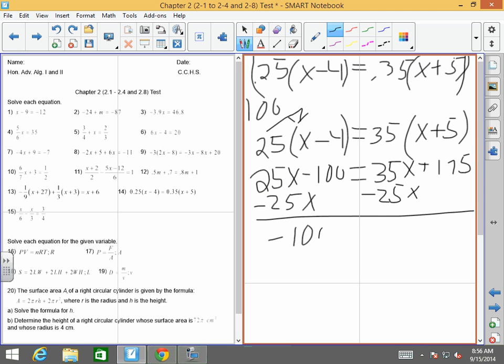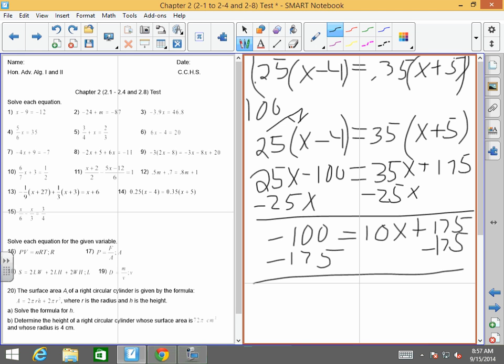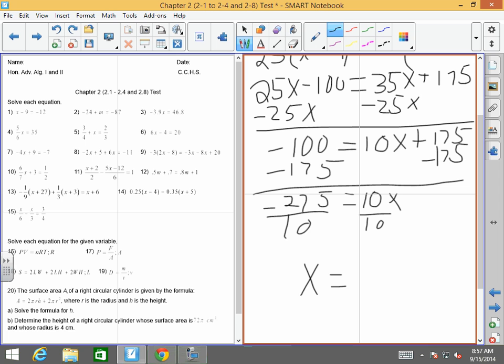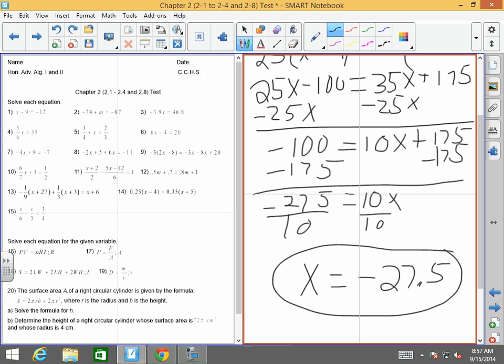So I've got negative 100 equals 10x plus 175. Subtract 175 to both sides to isolate the variable. There's a two-step equation at this point. That's negative 275 equals 10x divided by 10. And x will equal negative 27.5. Okay?